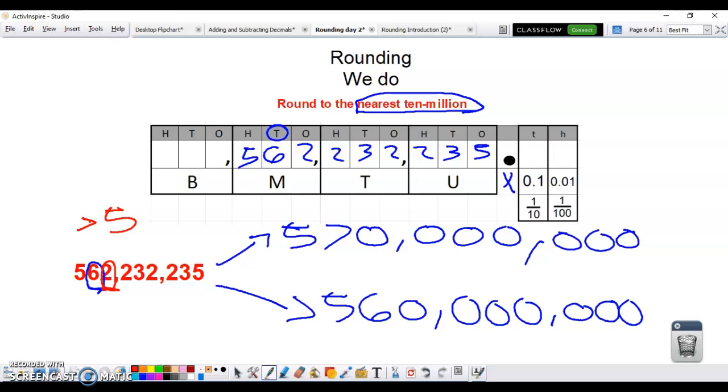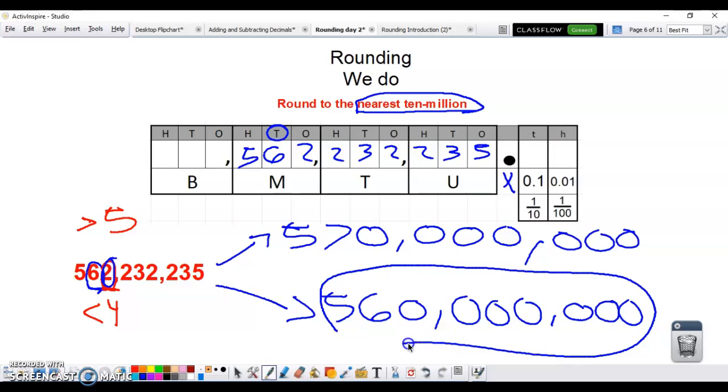But if our number is less than 5, we would round down. And as we can see, we have a 2. So we know that that's less than 5, so we must round down. And our answer is 560 million.